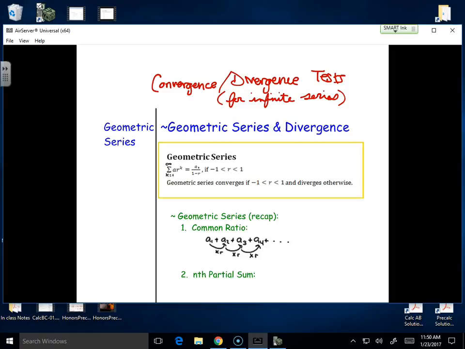Test number 1 is the geometric series. This is endeavor number... I do not know, 12? I'm not sure if I've updated them. What did we have last section? We didn't do the faster or slower, right? What was section 9.4? Improper integrals, did we make that an endeavor? Oh, I was on that day.